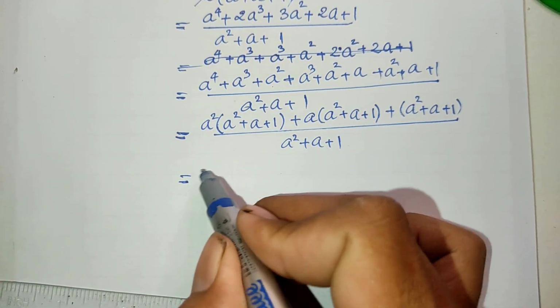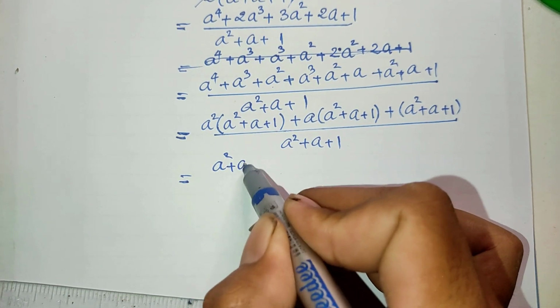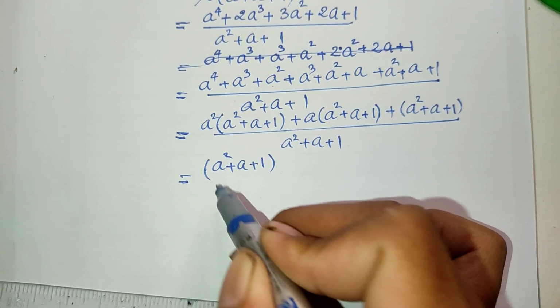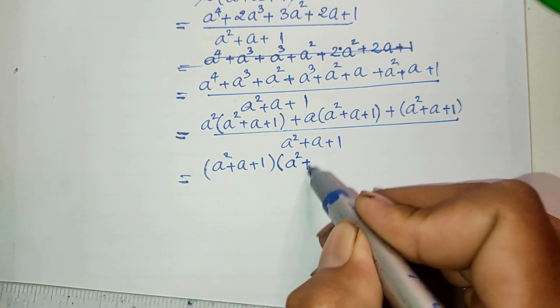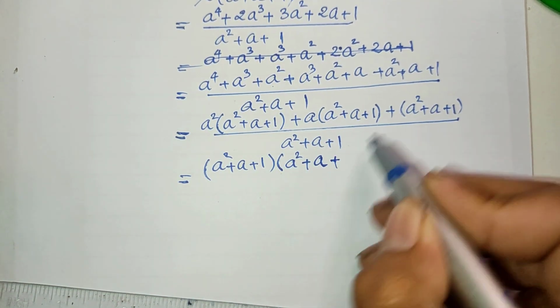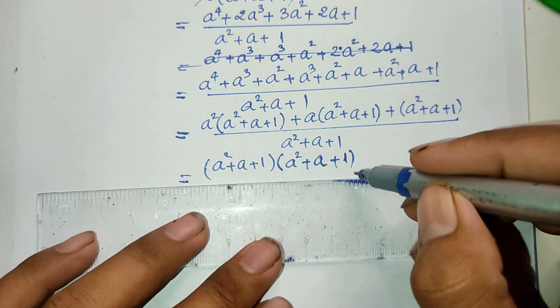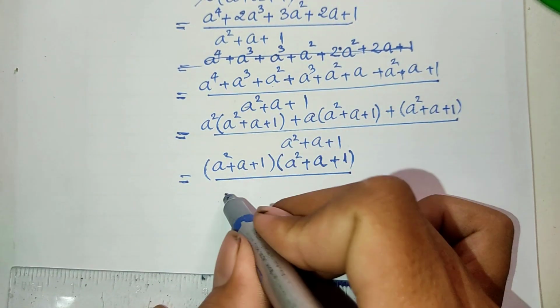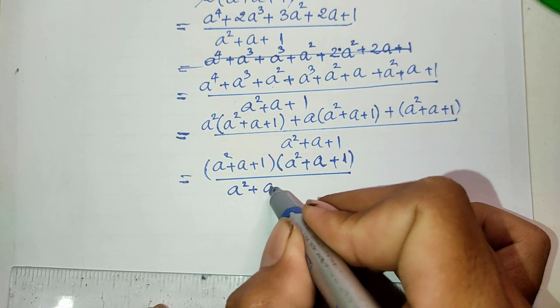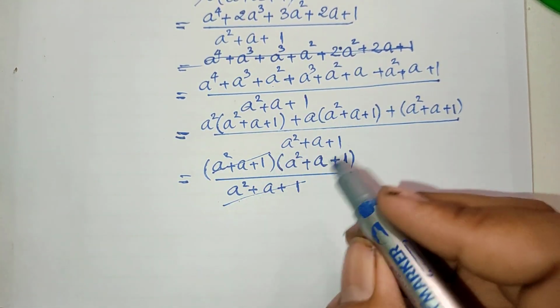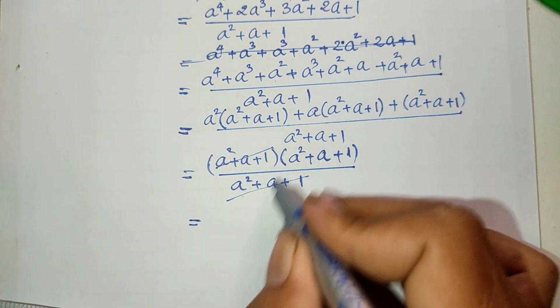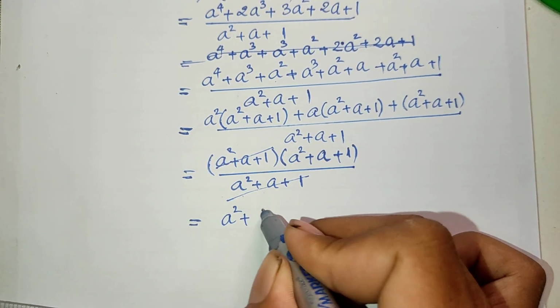So now we take a squared plus a plus 1 out as a common factor and multiply, we get a squared plus a plus 1, divided by a squared plus a plus 1. And so now we simplify this.